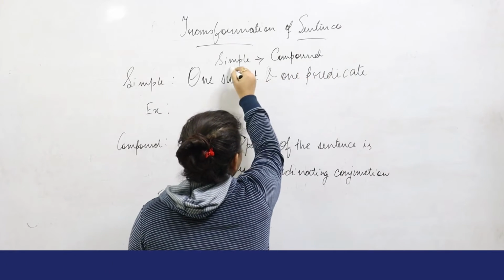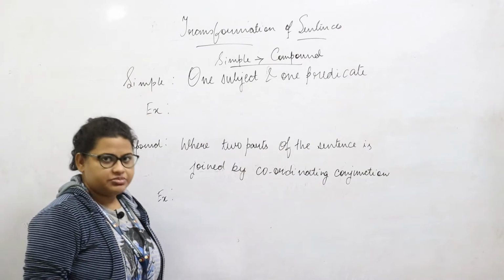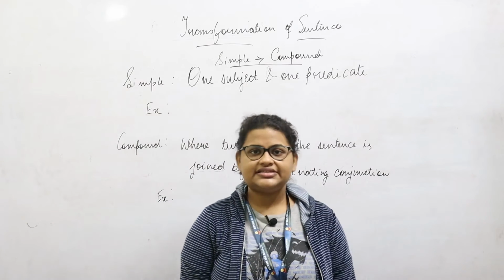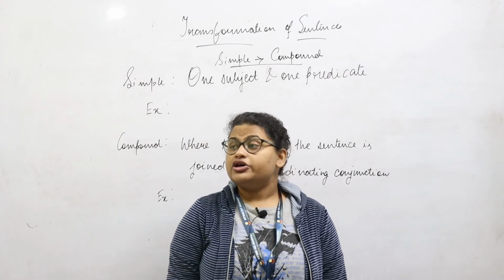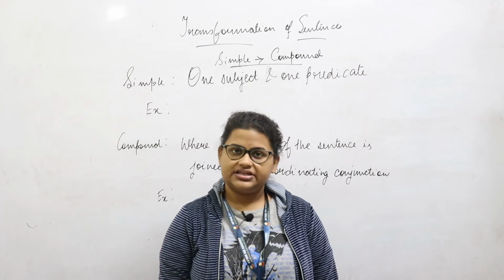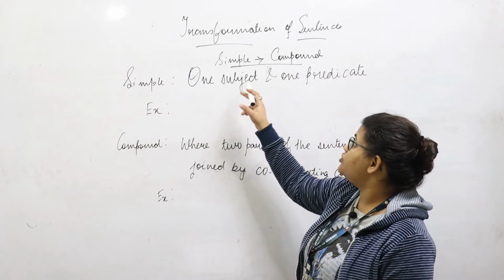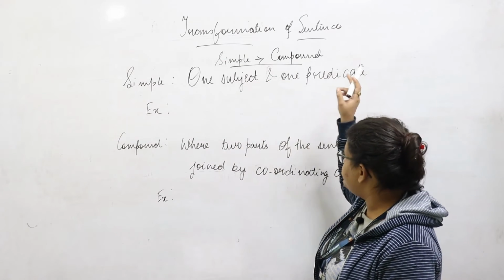First, let me tell you that there are three kinds of sentences regarding this. There can be a simple sentence, there can be a compound sentence, and there can be a complex sentence. For today, we'll just deal with the simple and the compound sentences and their transformation. A simple sentence is one in which there is just one subject and one predicate.